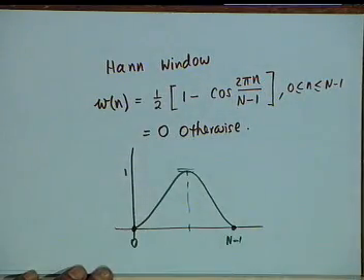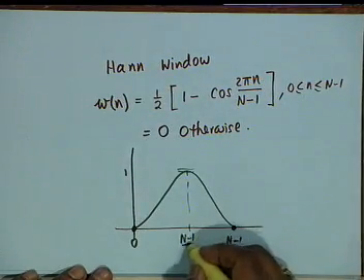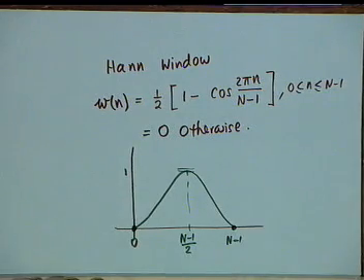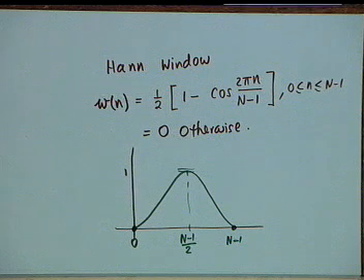So the maximum value is 1, and it occurs at small n equal to (N minus 1) by 2. Obviously, an odd value of capital N is to be preferred. There is another reason why odd N should be preferred: the delay is then an integer. Half delay is very easy to accommodate in a DSP. So capital N is required to be odd.